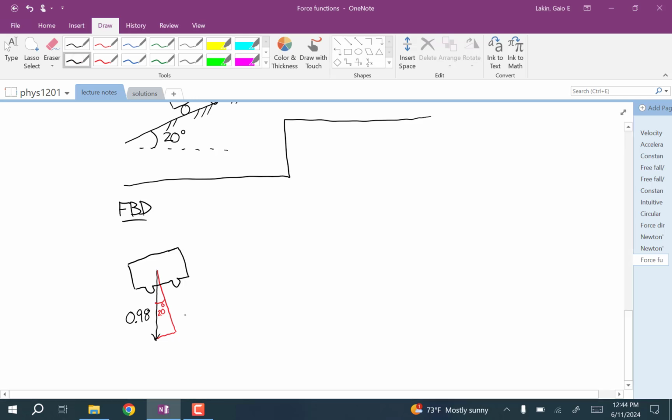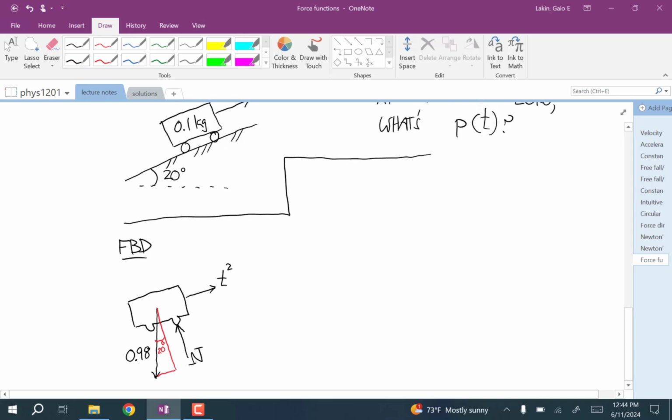Then we have the pushing force from the ramp, perpendicular to the surface toward the body, and I'll call that N. And then we have the force vector t squared. You can see that this weight force is more than 90 degrees from our positive direction.